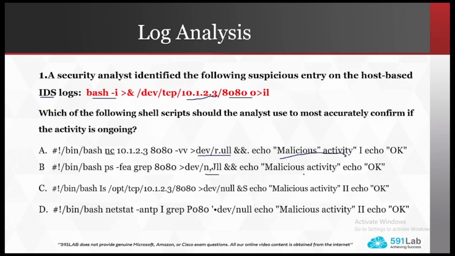For C, the script directly checks if the directory /opt/tcp exists using ls. This path is unusual and may not be related to the suspicious activity.